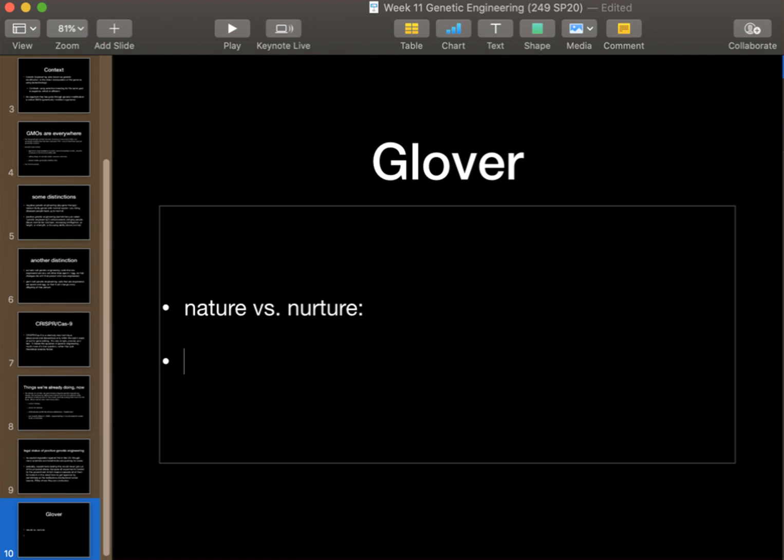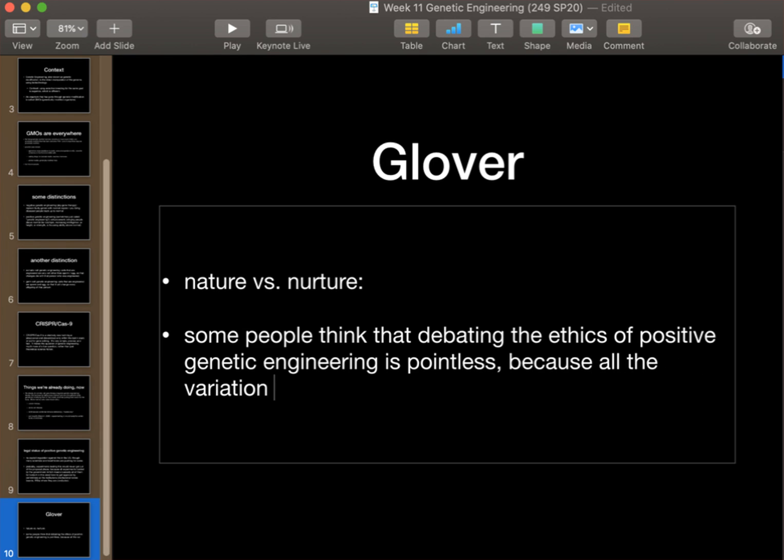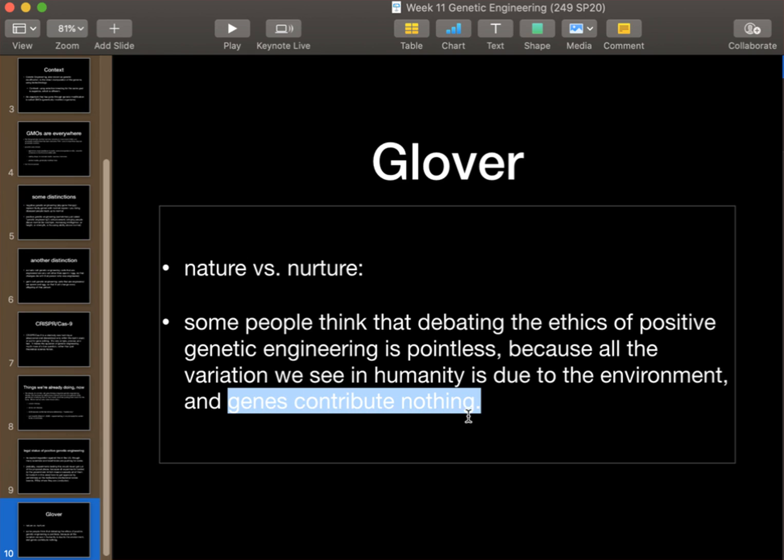He says, look, some people think that debating the ethics of positive genetic engineering is pointless because all the variation we see in humanity is due to the environment, and genes contribute nothing. If genes contribute nothing, then what's the point of modifying our genes? You wouldn't get anything out of it, right?